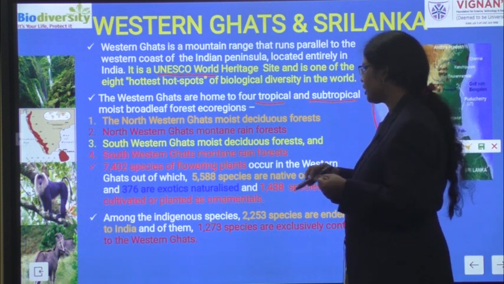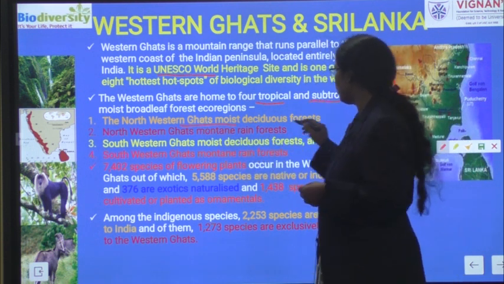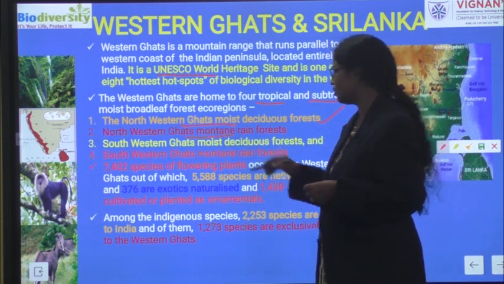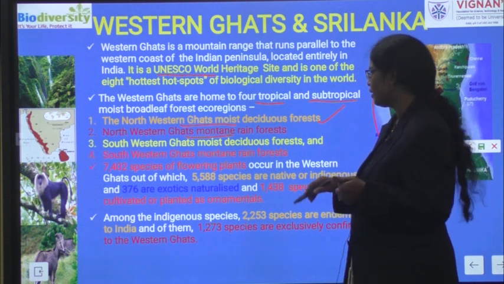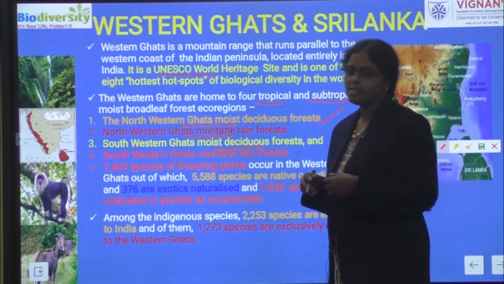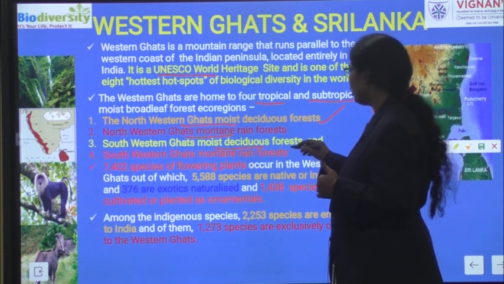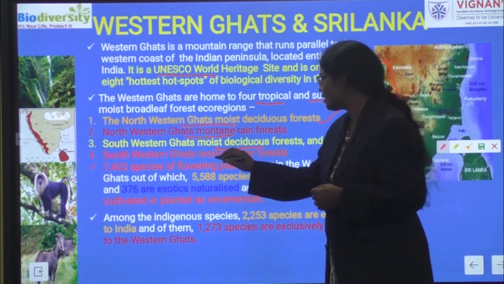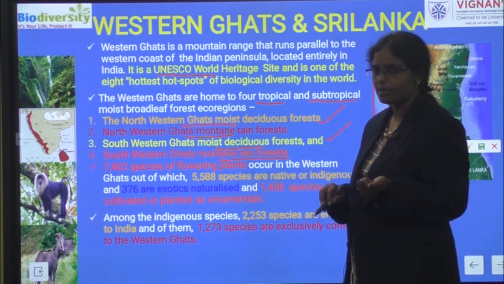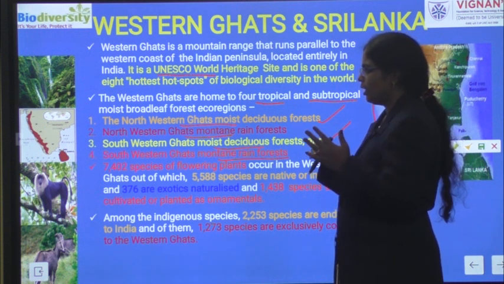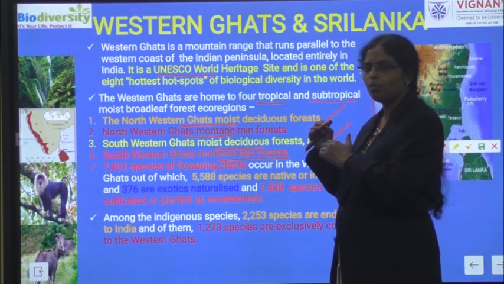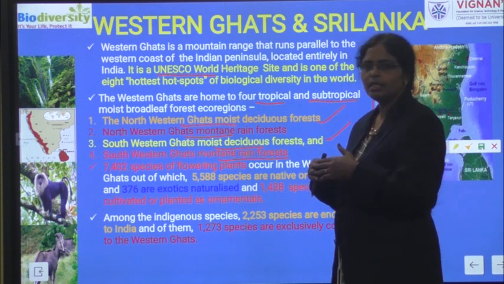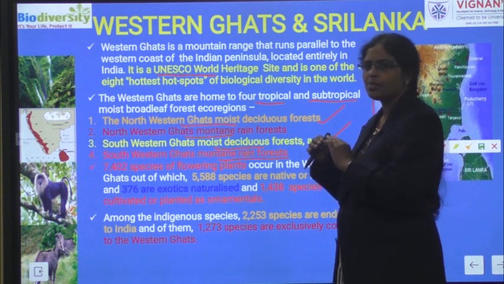Those 4 regions are: one, the northern Western Ghats moist deciduous forest; second, the northwestern Ghats mountain rainforest; third, the southwestern Ghats moist deciduous forest; and fourth, the southwestern Ghats mountain rainforest.